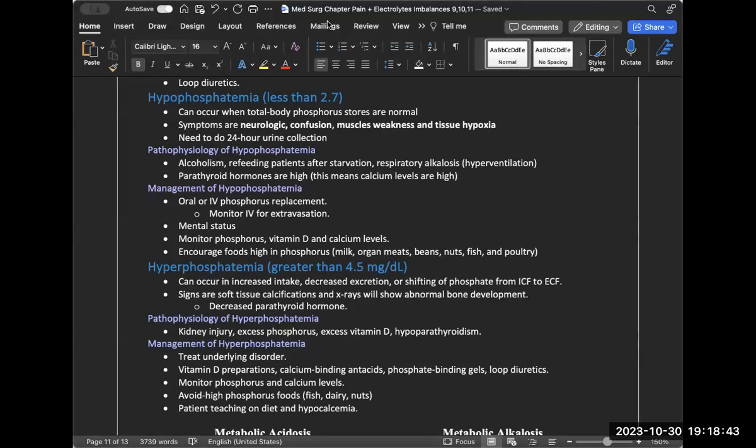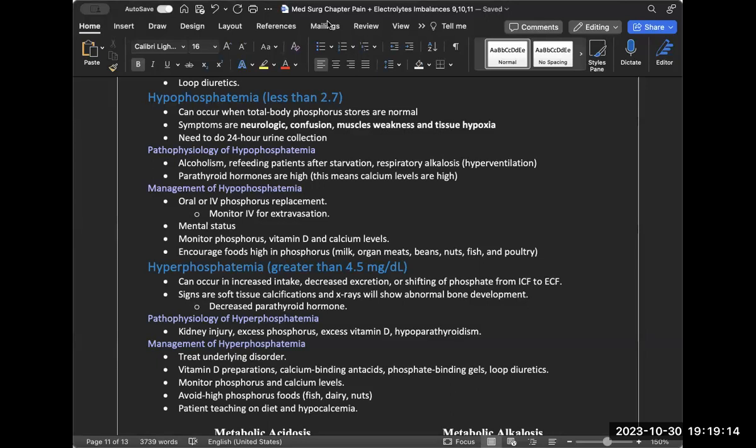The symptoms of hypercalcemia are the exact same in hypophosphatemia, which also means that hypophosphatemia is caused by hyperparathyroidism because the parathyroid hormone controls calcium, but in return, when calcium goes up, phosphorus goes down. So that is why a cause of this is hyperparathyroidism. It can also be caused by alcoholism.